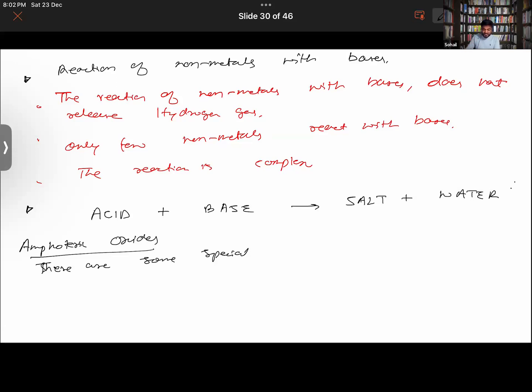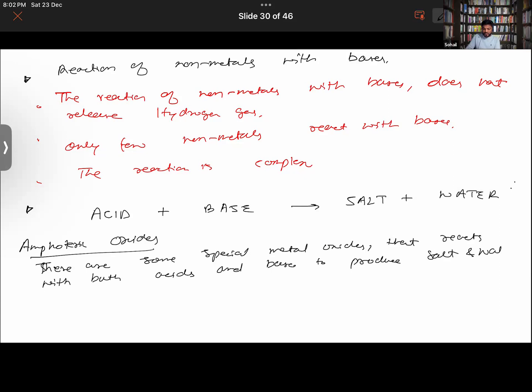There are some special metal oxides that react with both acids and bases to produce salt and water.